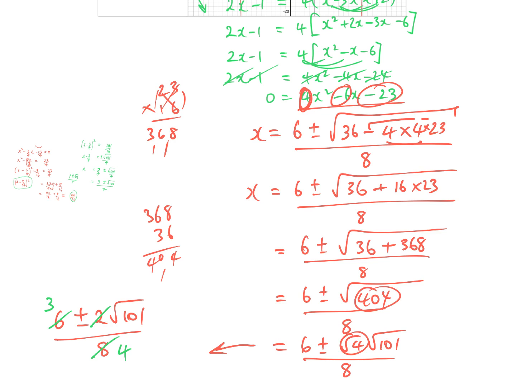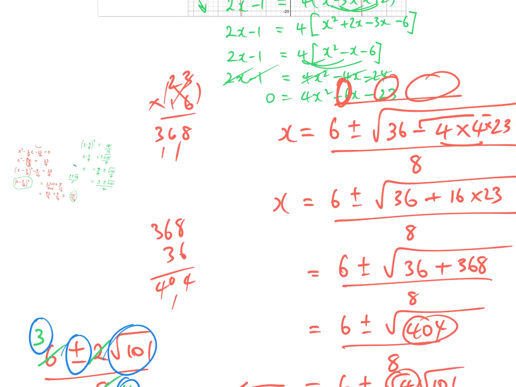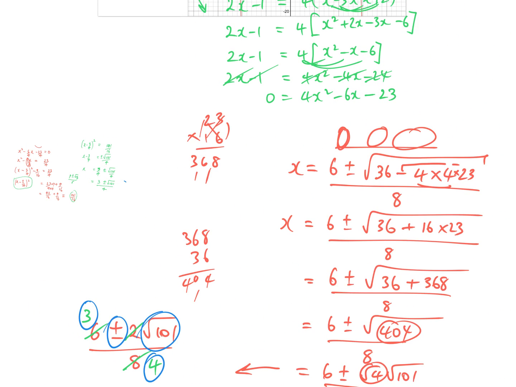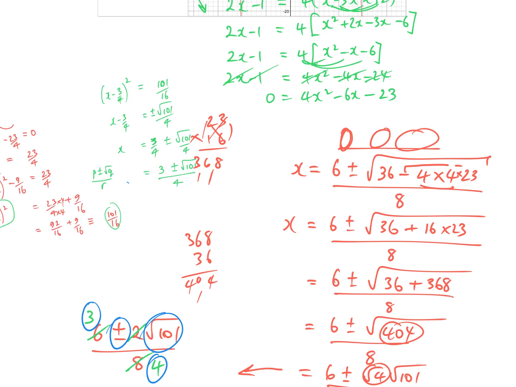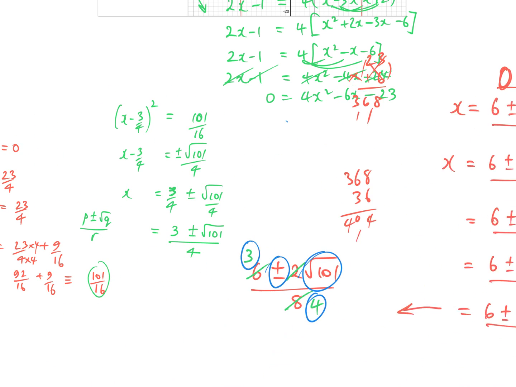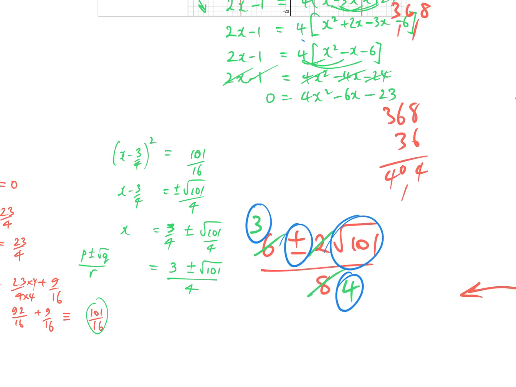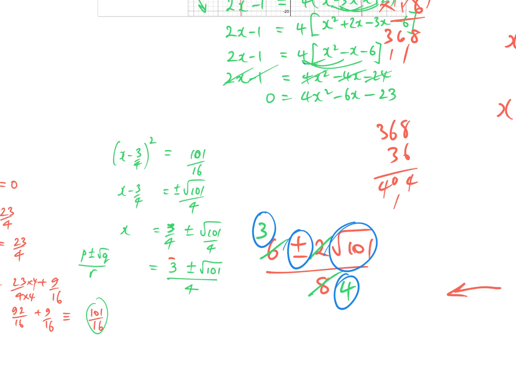And I'm just left with 3 plus or minus root 101 all over 4, which I believe, if I maximise this, there it is. That was our previous answer that we had before, so I can put them underneath each other, and this one was also 3 plus or minus root 101 over 4.